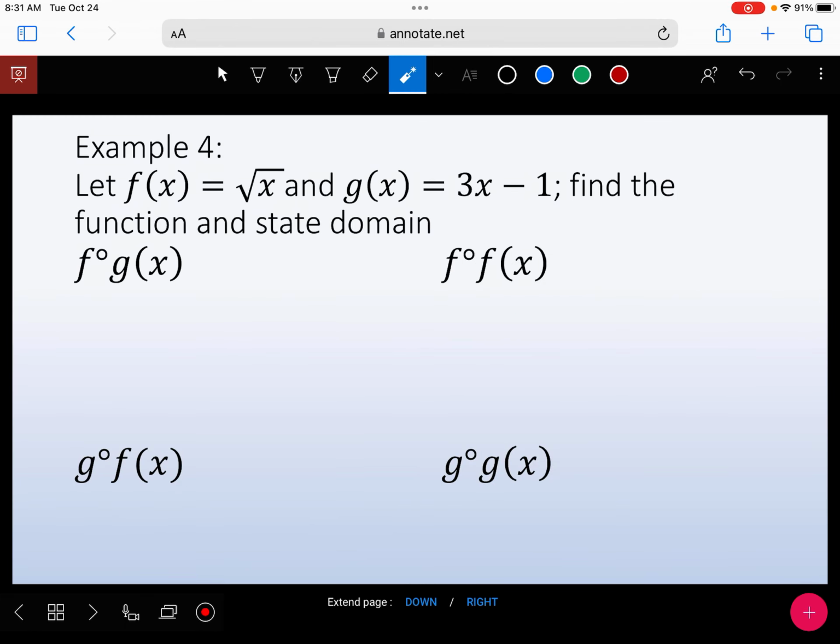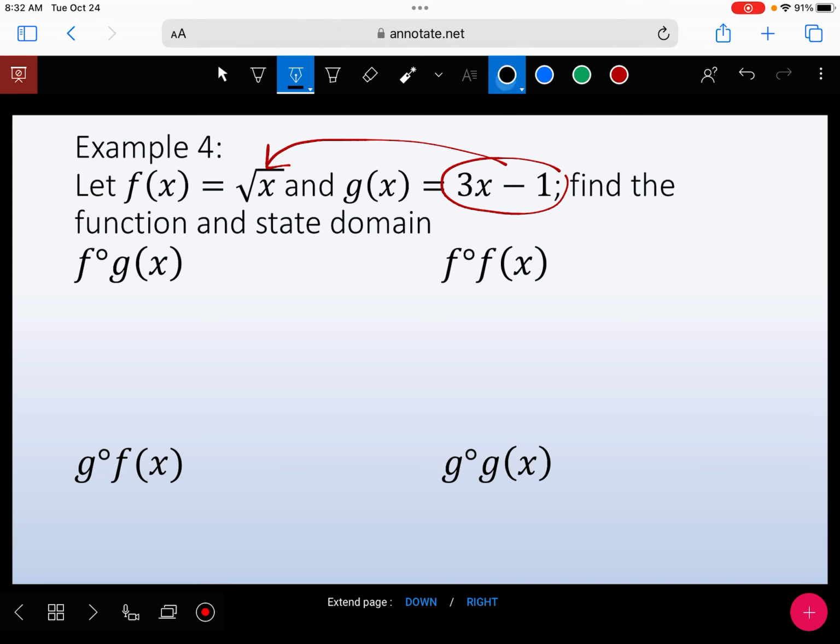All right, let's look at example 4. We will have a restriction in our domain now because we have a function that has a red light. So let's start off with putting the g function into f.